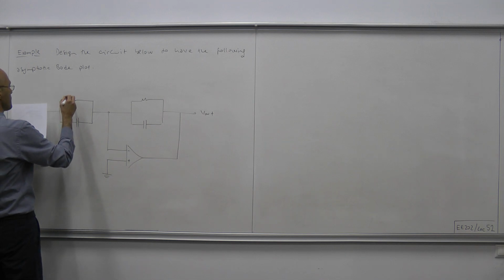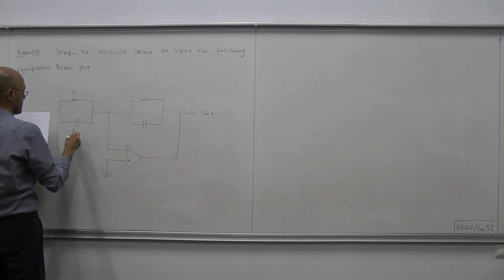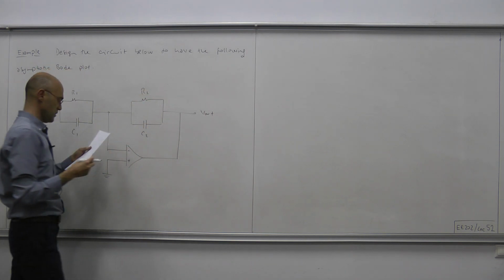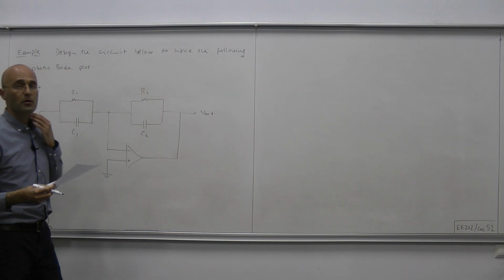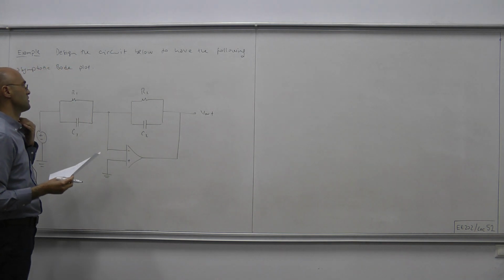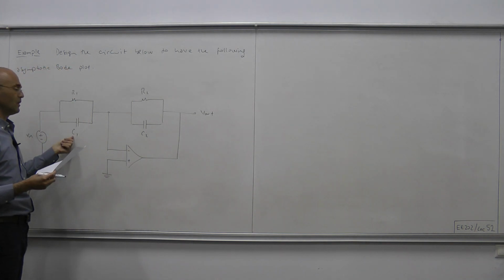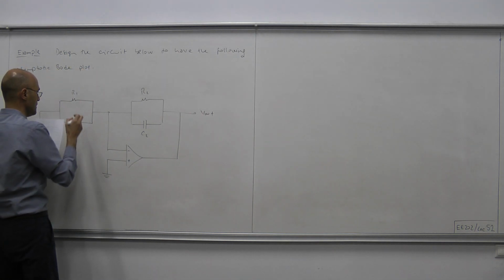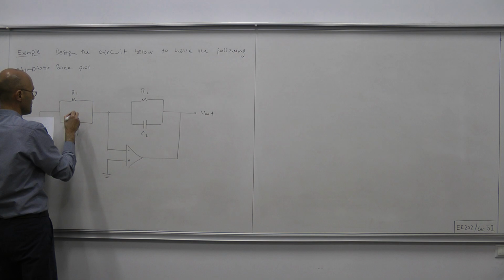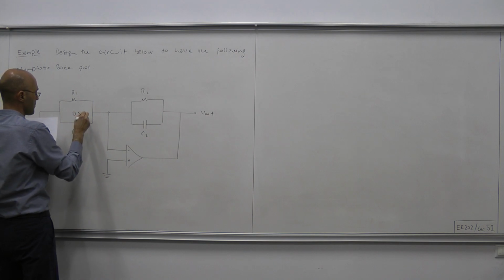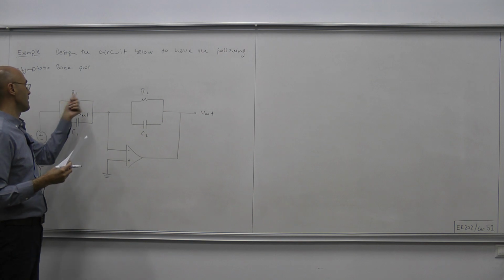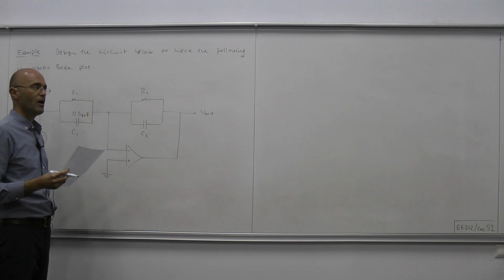This is R1 and C1, and these are labeled as R2 and C2. Of these four parameters, 2 resistances and 2 capacitances, only the capacitance of the first capacitor is given, and it's given to be 0.5 microfarads, whereas the remaining 3 parameters, R1, R2 and C2, are to be determined.